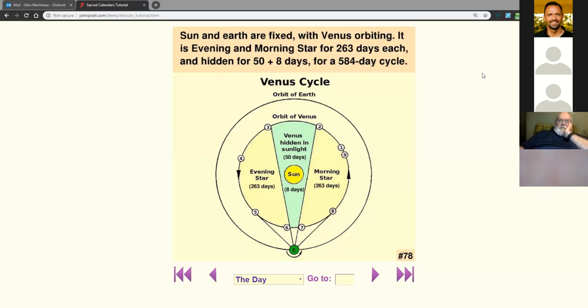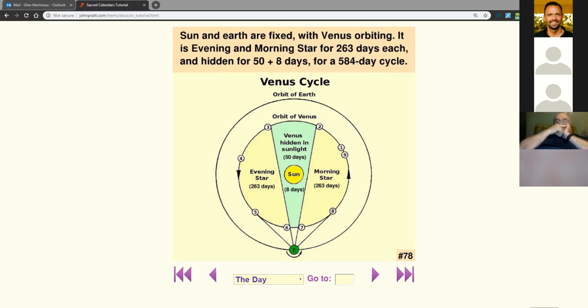Okay. Well, tonight we're starting on slide number 78 of the slides, which are on my website on the right-hand side of the front page. In the column at the top, it says something like tutorial increases daily.